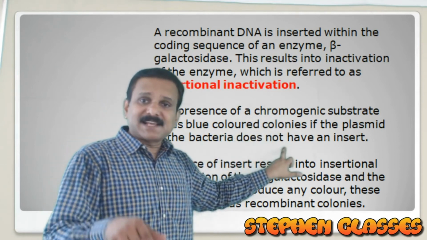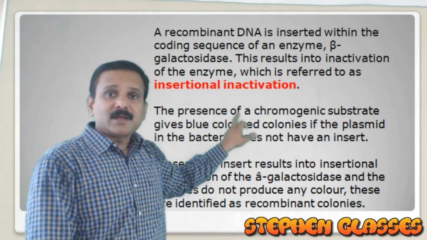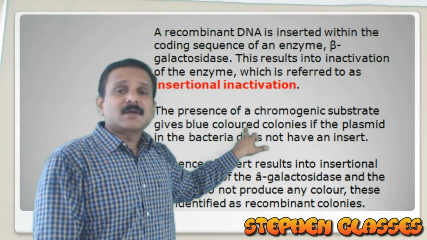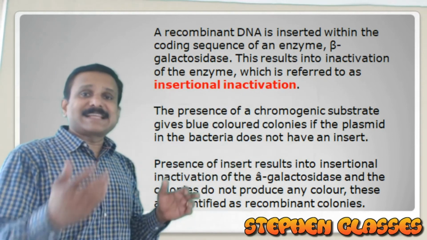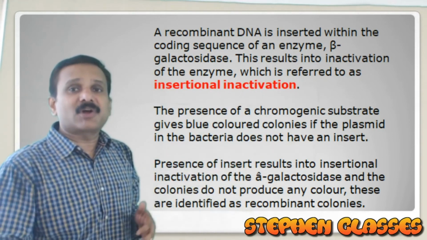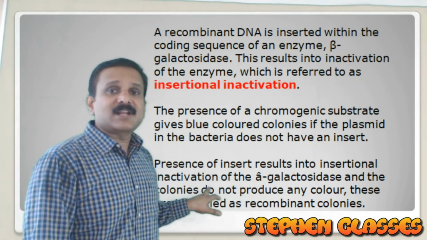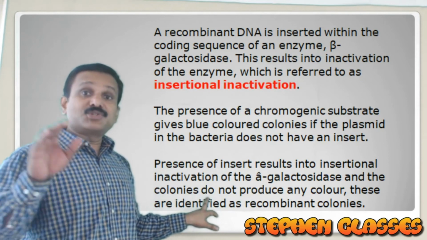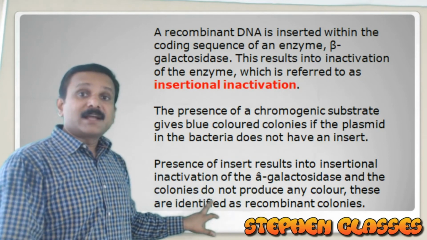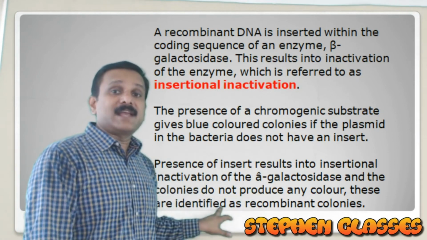If there is insertional inactivation, the colored colonies cannot be produced. So we can choose between cells having color and cells which do not have the color. The presence of the insert results in insertional inactivation of beta galactosidase, and the colonies which do not produce color we can name as the recombinant colonies.